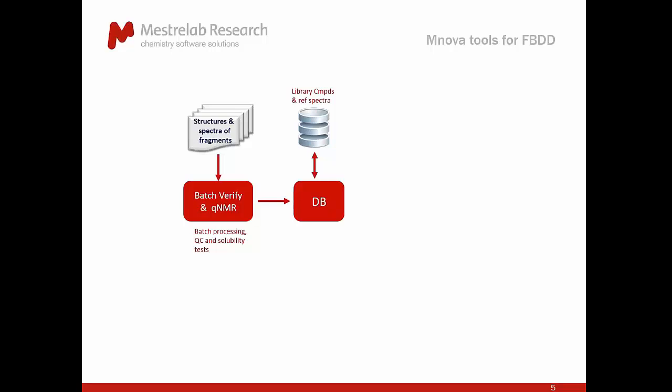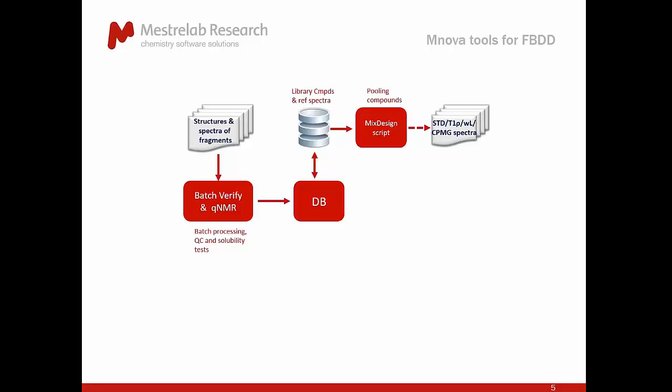And using our Mnova DB software, you can build your database of the library compounds and the reference spectra. Starting from there, the mixture design script we provide can do the pooling of compounds and give you a list of compilations of fragments.